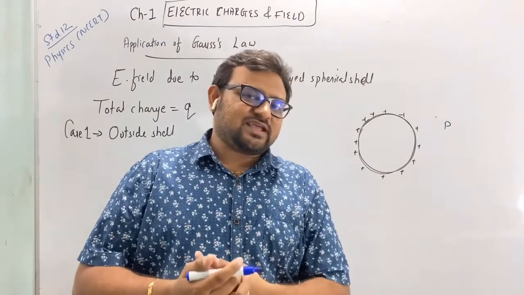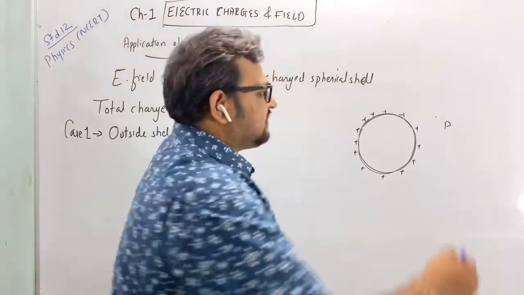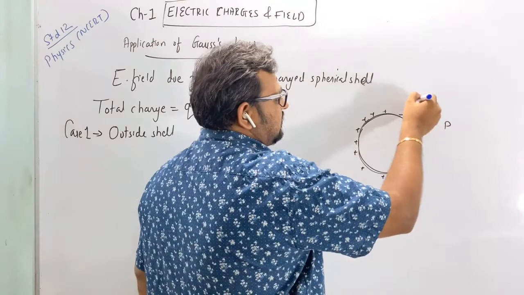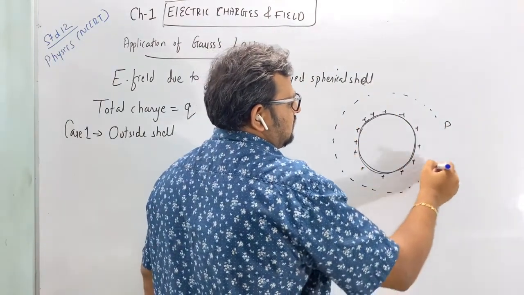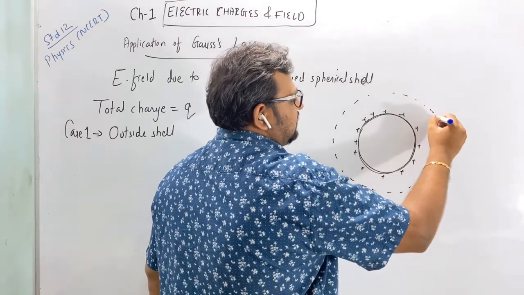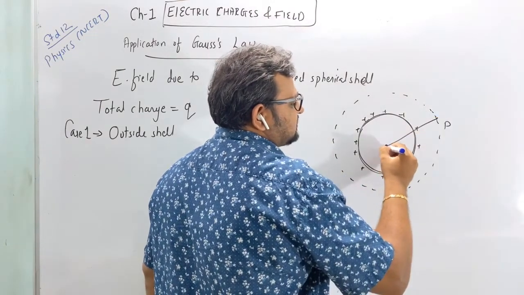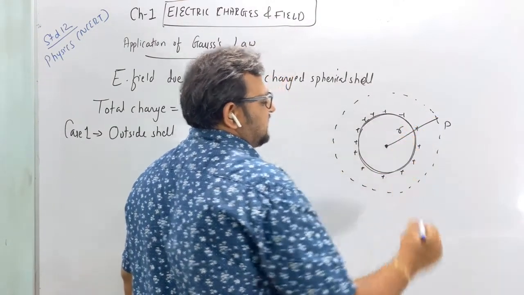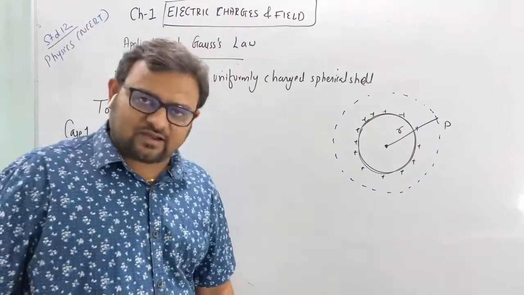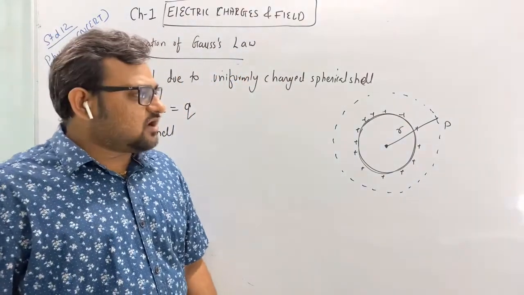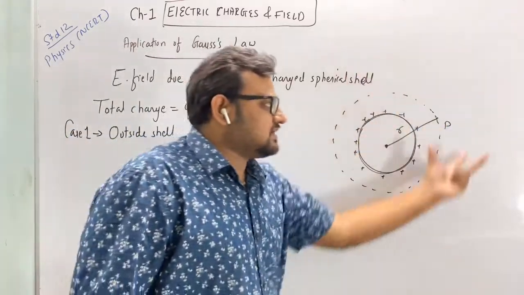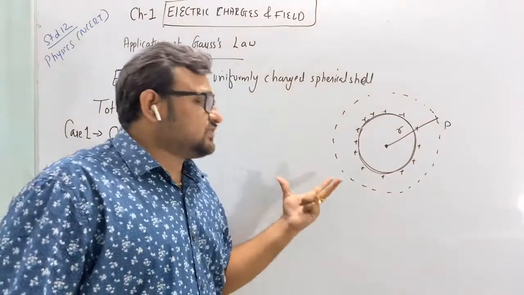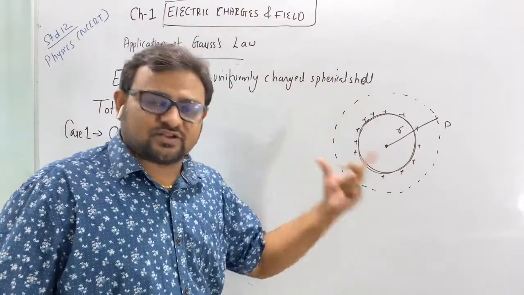So let's take a spherical Gaussian surface at this point. Okay, I have taken a spherical Gaussian surface such that its radius is r. Okay, so now first let's find out the total flux passing through this spherical Gaussian surface.